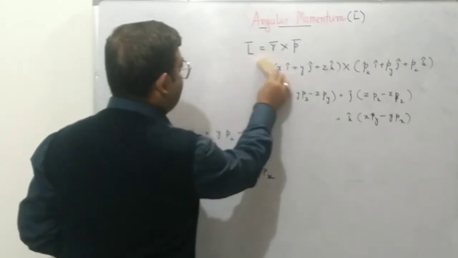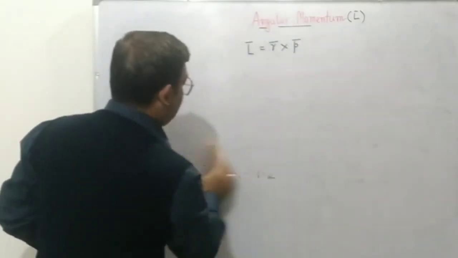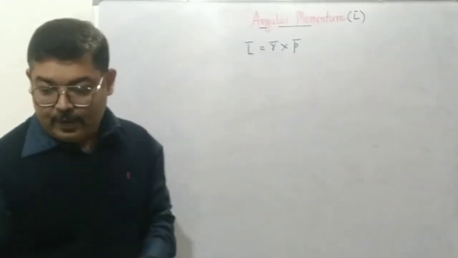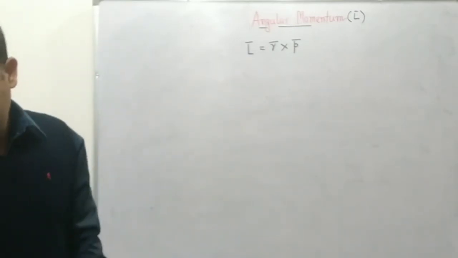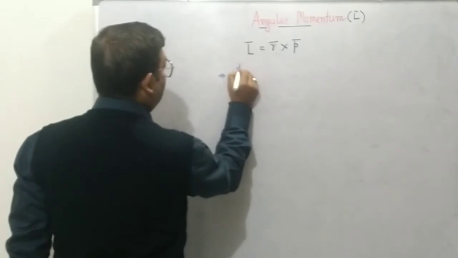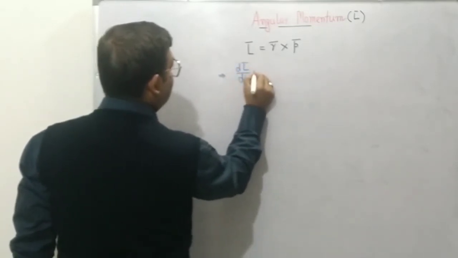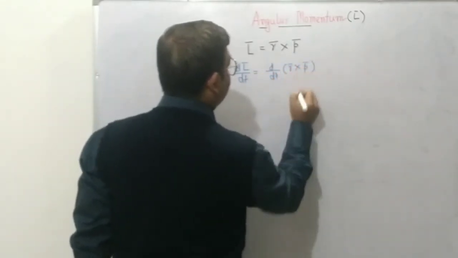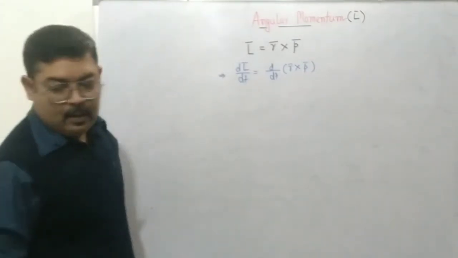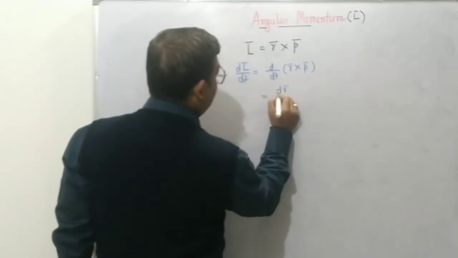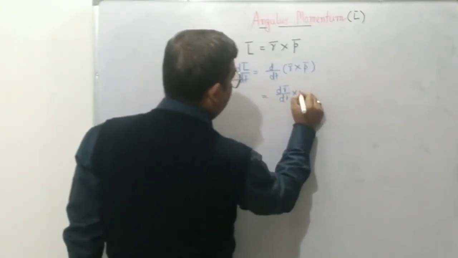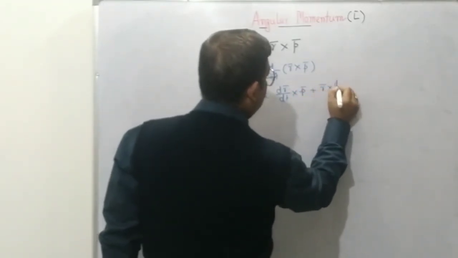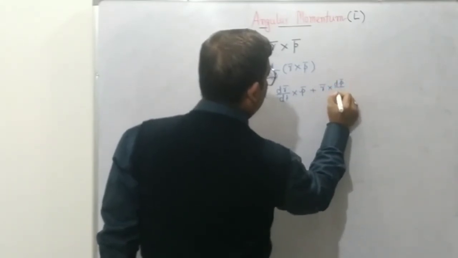However, if we come back to the first equation again, that is L equal to R cross P. Now, if we differentiate this equation with respect to time, what we get is dL by dt must be equal to d by dt of R cross P. So this will be equal to dR by dt cross P plus R cross dP by dt.